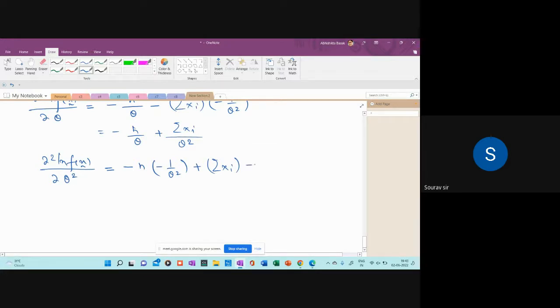This is theta to the power minus 2. So basically we are going to get minus 2 into minus 1 by theta cube. So that is giving us n by theta square plus 2 by theta cube summation xi.